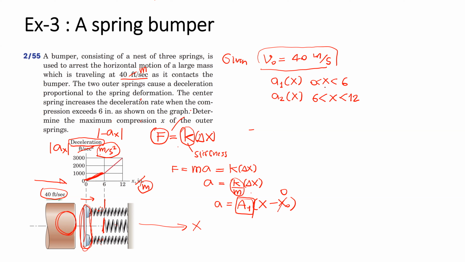What we need to find is the center of the spring that increases the deceleration rate when it passes 6 meters as shown in the graph, and determine the maximum compression, so we need to find x max.